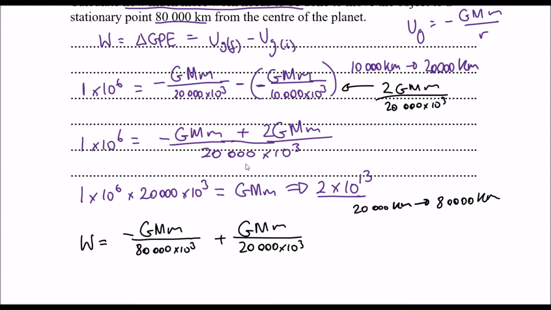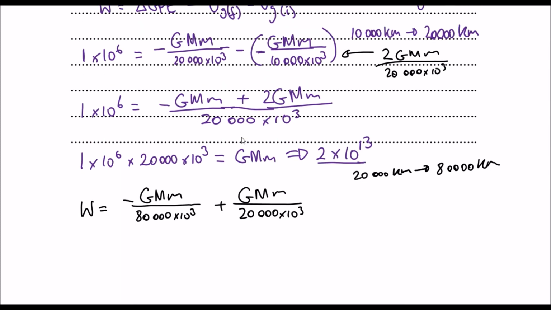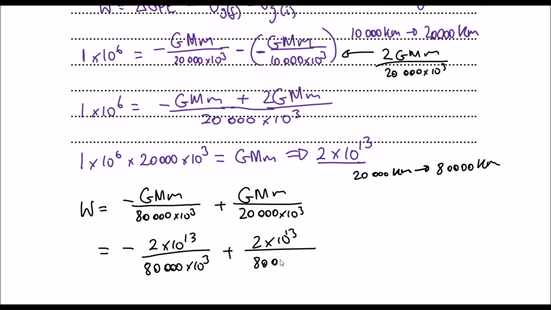This time we don't have to solve for it, we can just substitute GMm. So it's negative 2 times 10 to the power of 13 over 80,000 times 10 to the power of 3, plus the following as well. So let's find out how much additional work we need to do here.